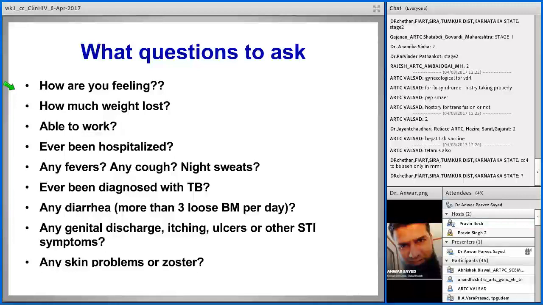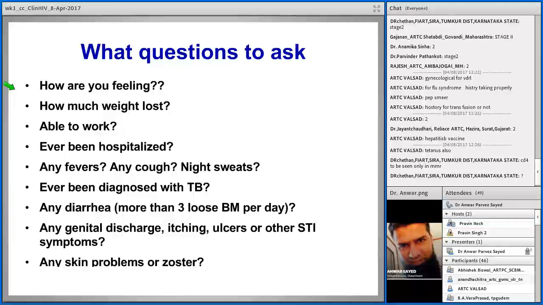A person who has been ill for the last 6 months, with some symptoms on and off, will not be able to tell you properly. Suppose 4 days back I had fever and today I do not have anything, or 4 days back I had fever, yesterday it was low and today it is there again, I will get confused in presenting myself to a doctor. So today's interpretation of signs and symptoms is important, and that we need to ask.